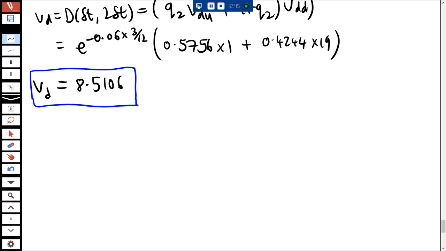Right, so now we need the risk neutral probability at point A. So I'm just going to put this into a sentence.